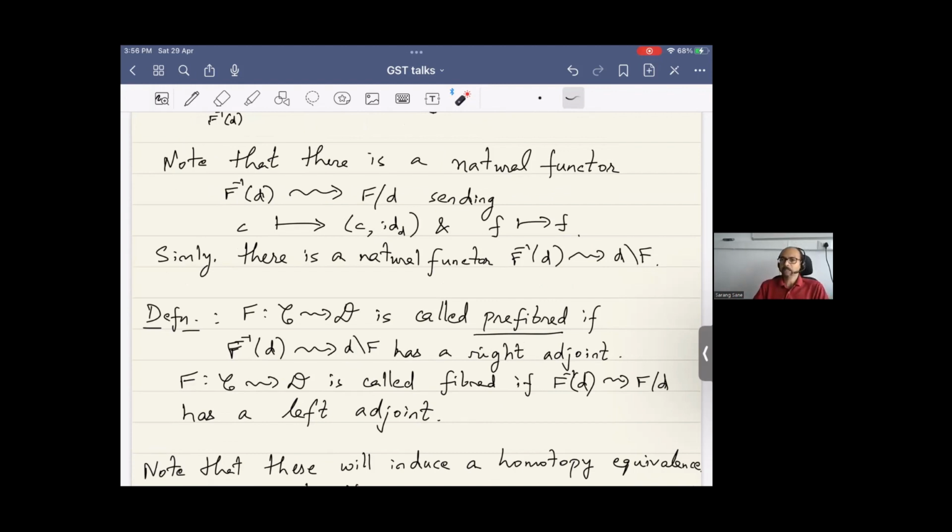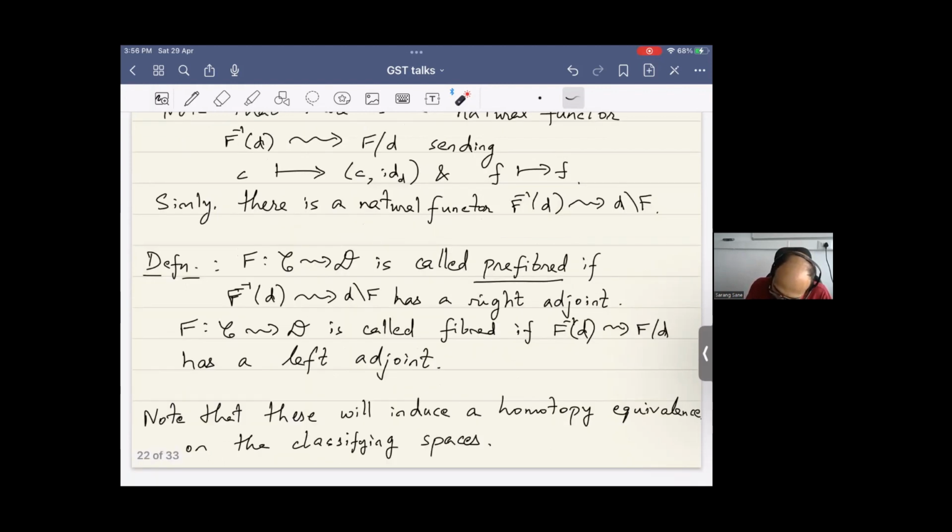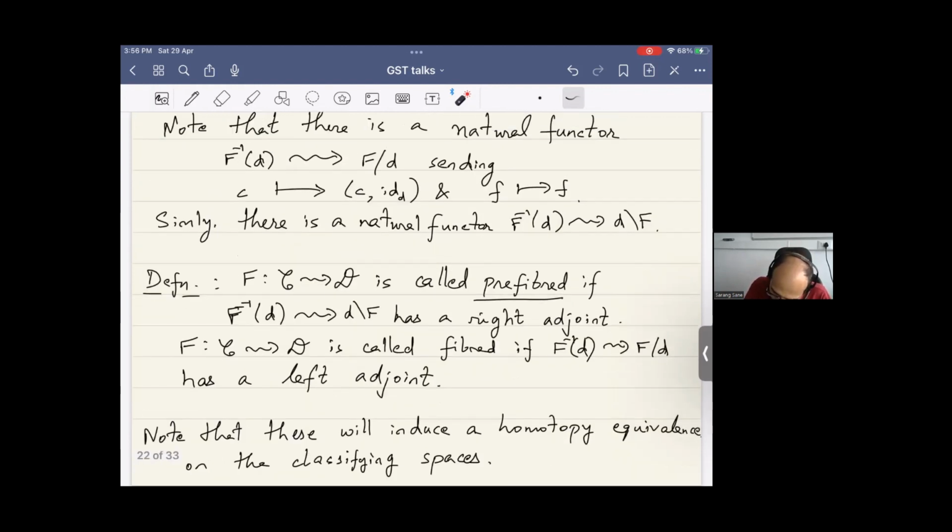Okay, so there are two definitions here. If you have a functor like this, it's called pre-fibered if whenever you take this, it has a right adjoint. So what is the point?